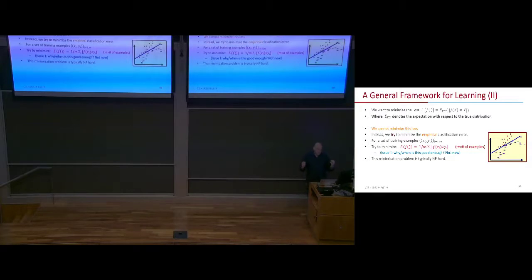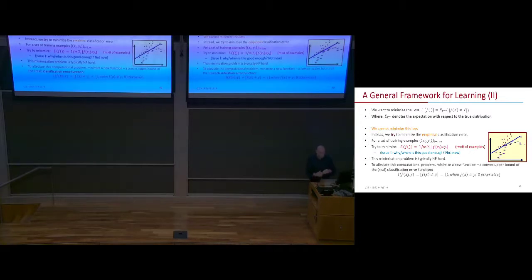And therefore, we're not going to try to do this. We're going to try to approximate it. So rather than work on the loss function that we care about, we're going to work on a surrogate loss, an approximation that we believe makes sense.